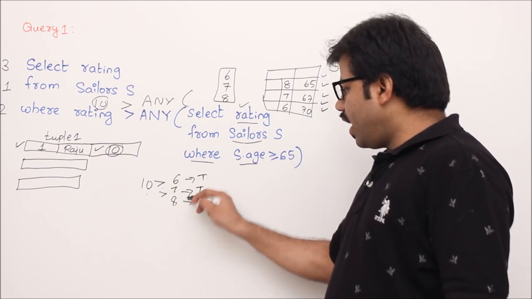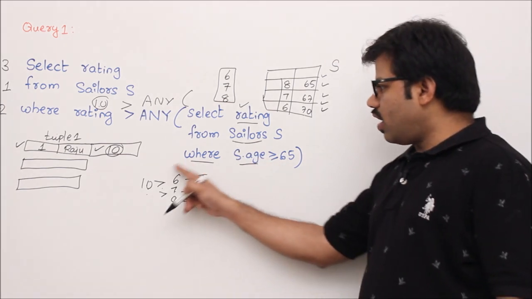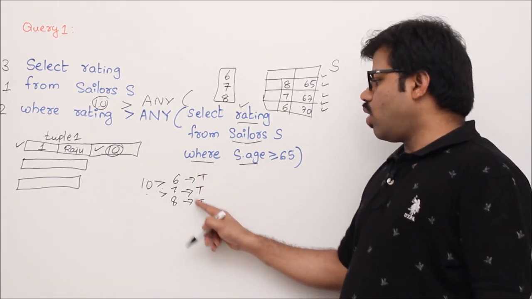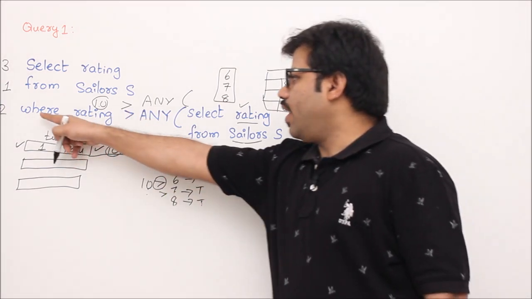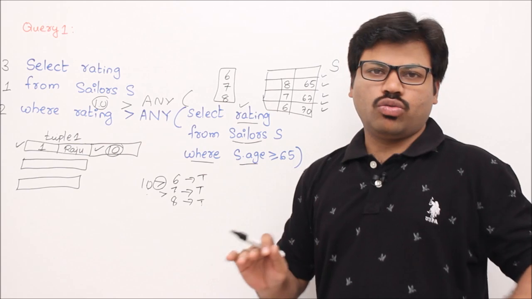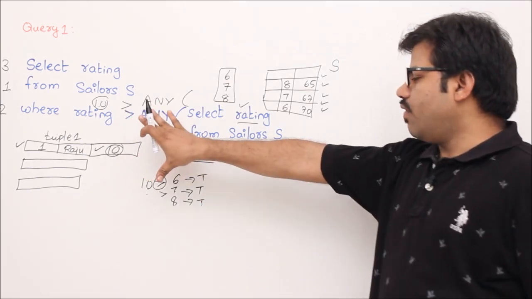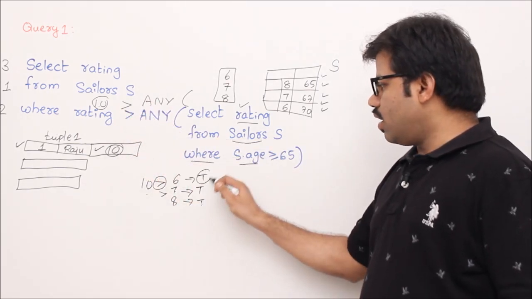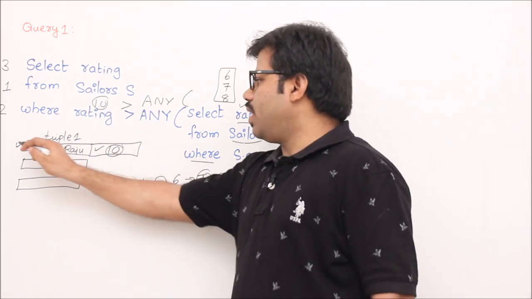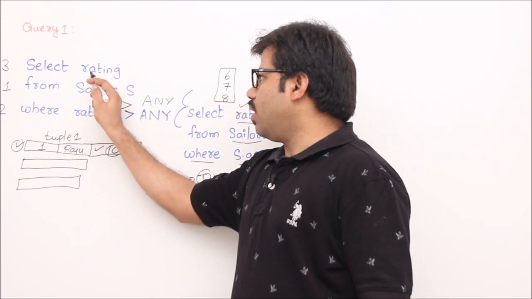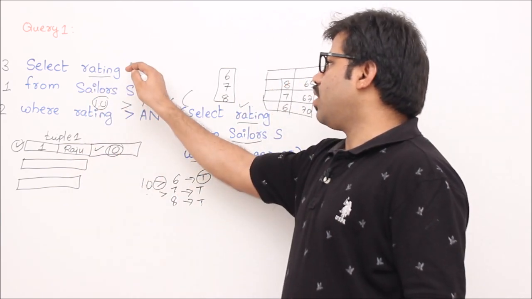My question is whether this greater-than condition is true at least once. Yes, so the where condition is finally evaluated to true. Since at least one true entry is seen, the tuple will be taken. Now Raju's rating will be printed, which is 10.